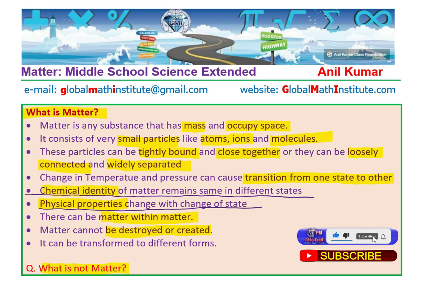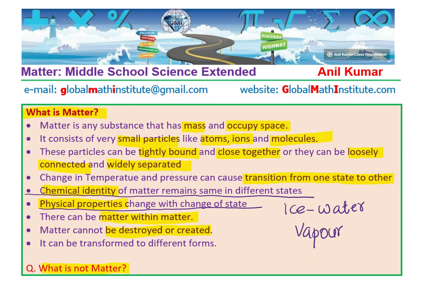If I take ice, water, and vapor, now we have three different states of matter: solid, liquid, and gas. Solid, liquid, and gas. But the chemical property is water only. All the three are different states of water.